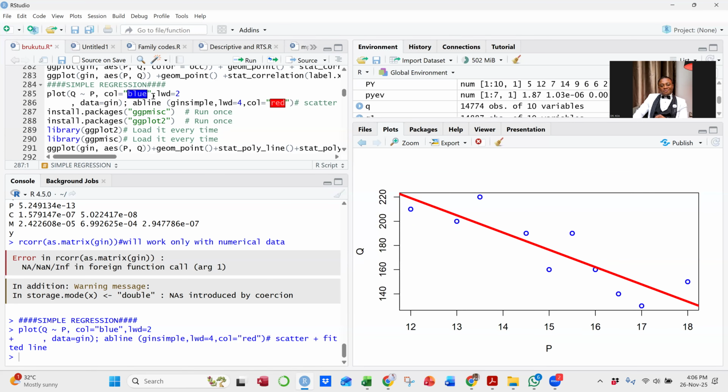If you are able to run the simple regression plot using this command, which is also in your slide, let me know. Just say done.